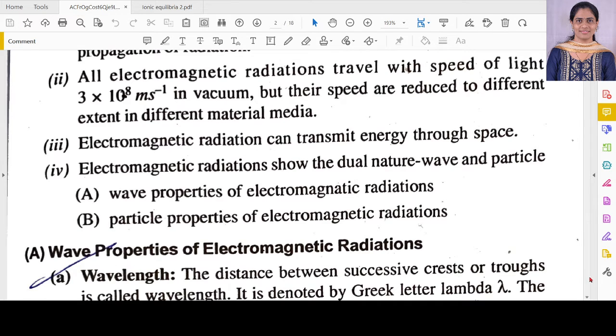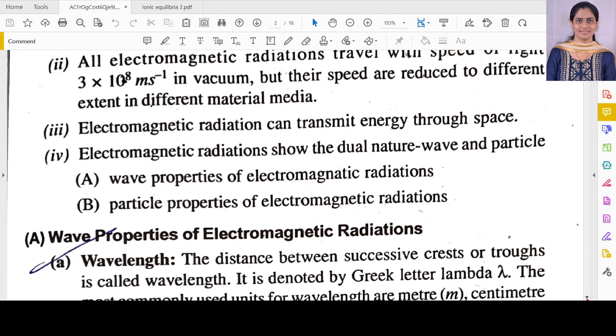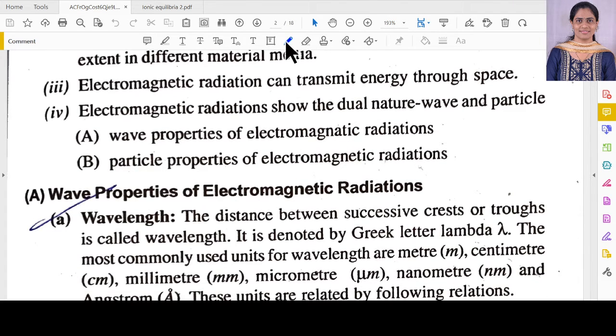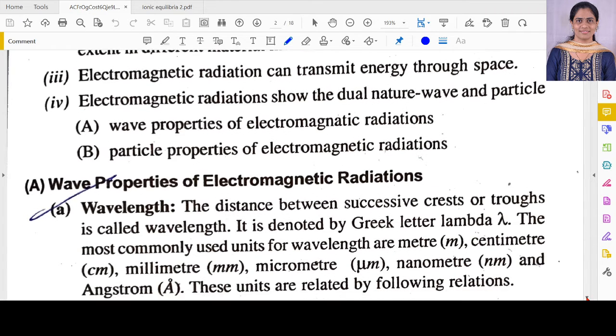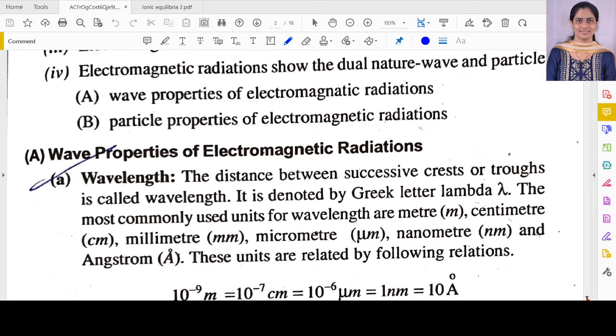Like the definition of wavelength, we have seen, the distance between successive crest and trough is called the wavelength. It is denoted by lambda and, since it is length, its unit can be meter, millimeter, micrometer, nanometer, etc. So depending on the length of the wavelength, its unit will be derived.